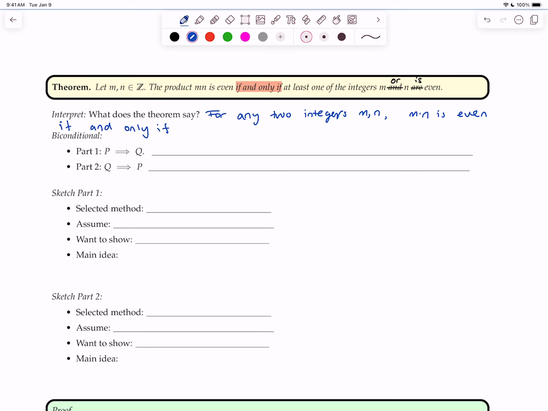So if m and n are both even, that's good. If m is even and n is odd, that's good too. If m is odd and n is even, that's also okay. We just need one of them to be even. The only thing we don't want is if they're both odd. So one way we could rephrase this is: if and only if m and n are not both odd.